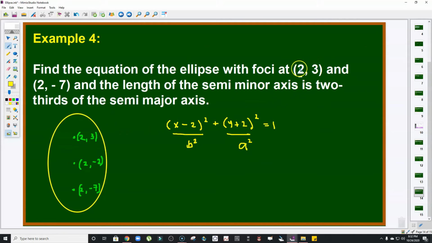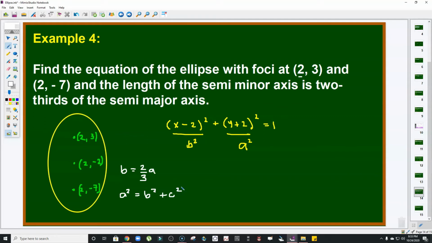Now, next condition, yung semi-minor axis, which is B, is 2/3 daw nung semi-major axis, which is A. See that? Okay, so, again, in ellipse, the Pythagorean theorem will hold: a squared equals b squared plus c squared.